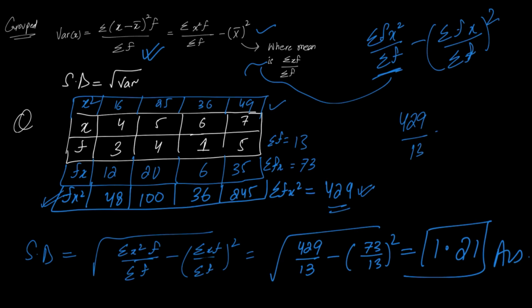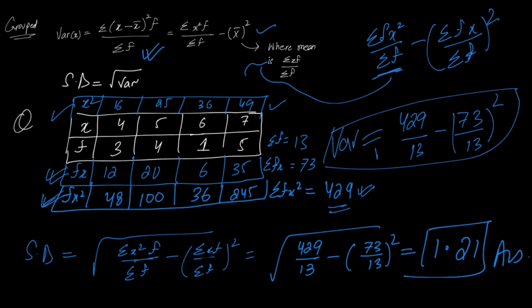Then in the formula it says the sum of fx, which is 73 in this case, upon the sum of f, which is 13, and then you'll have to square it. So this is basically the variance of this set of data, and to find the standard deviation, you'll have to square root it, and the answer will give you 1.21, which is the standard deviation.